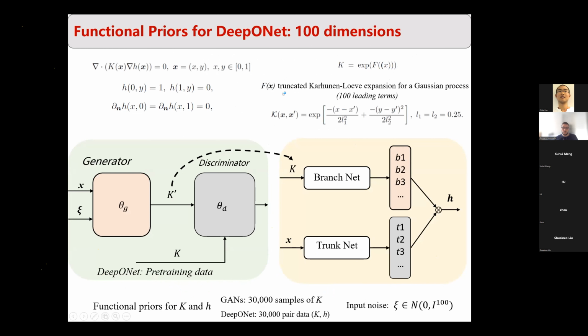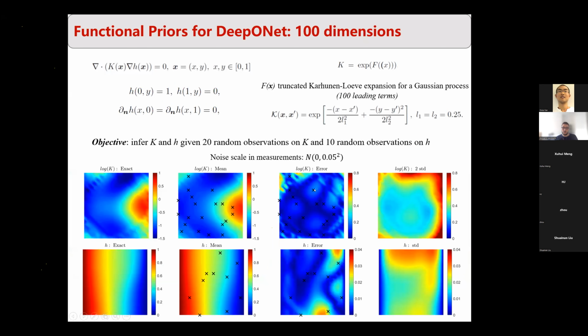To take different permeability fields into consideration, we use a truncated KL expansion for a Gaussian process to represent the different soils. So in parameter space, this is a 100 dimensional problem, and we can also use this method to quantify uncertainty in this problem.